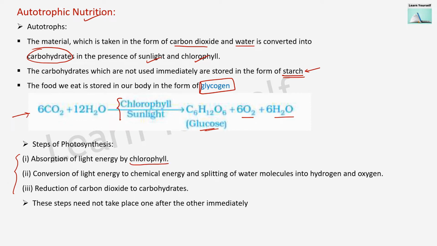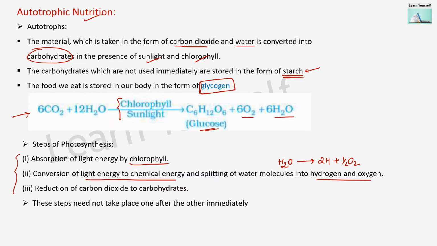Then second, conversion of light energy to chemical energy, and splitting of the water molecule into hydrogen and oxygen. This is a water molecule and it will get split into hydrogen and oxygen.